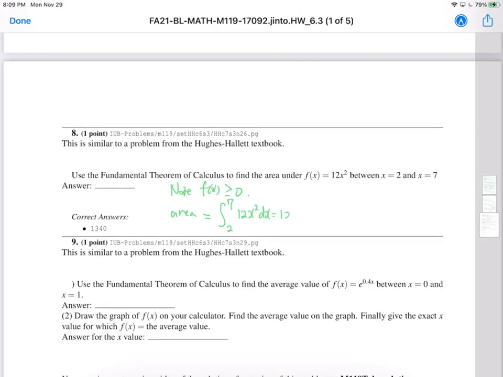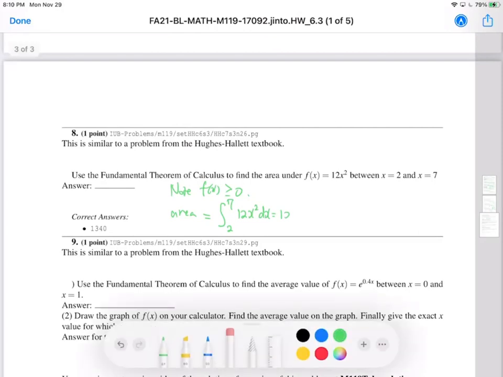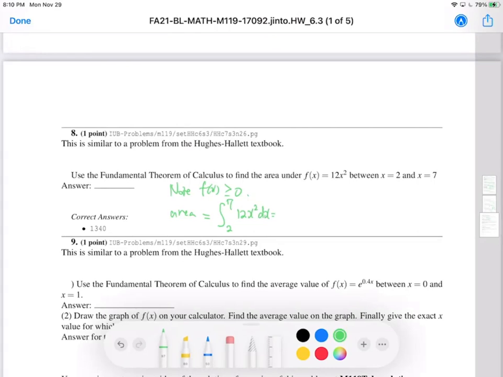So this is equal to the antiderivative, which is 4x cubed, from 2 to 7.